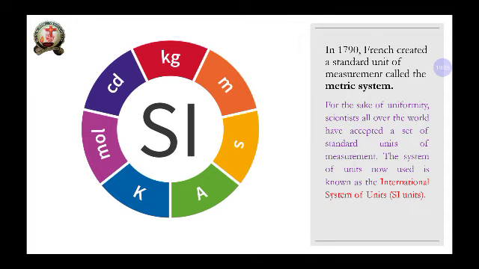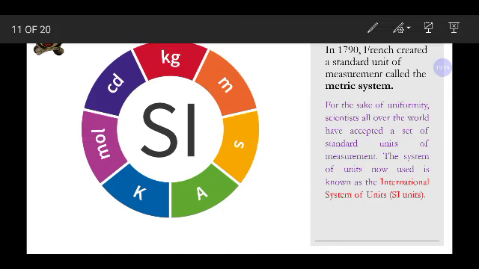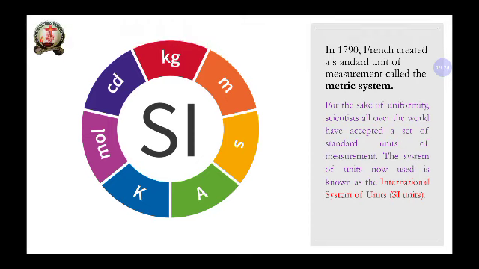So SI units mostly comprise these units: kilogram, meter, seconds, ampere, Kelvin, moles and candela. These are the standard units for different measurements. For example, if you want to measure weight, the standard unit is kilogram.